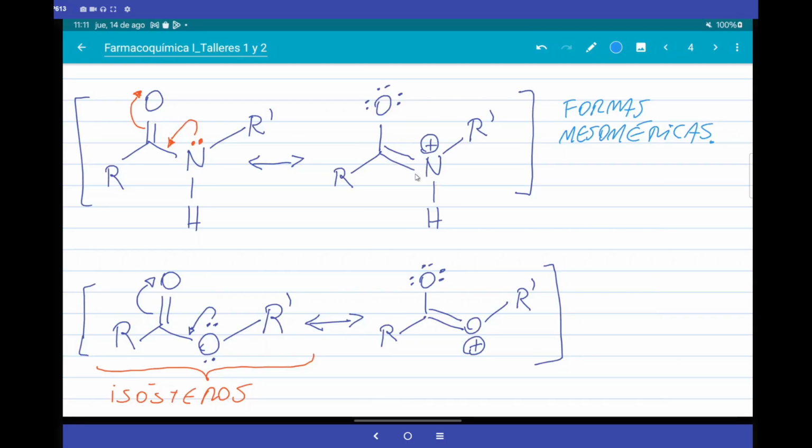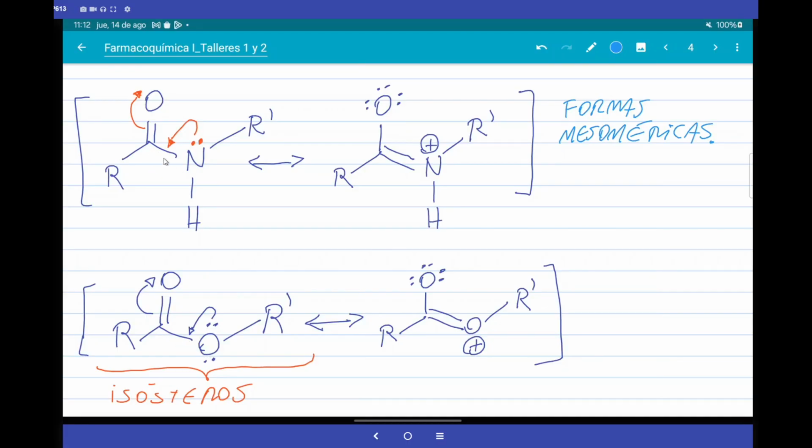That is the amide much more in this way than an ester has a tendency to contribute with this structure. Remember that reality is an average of both things at the same time.